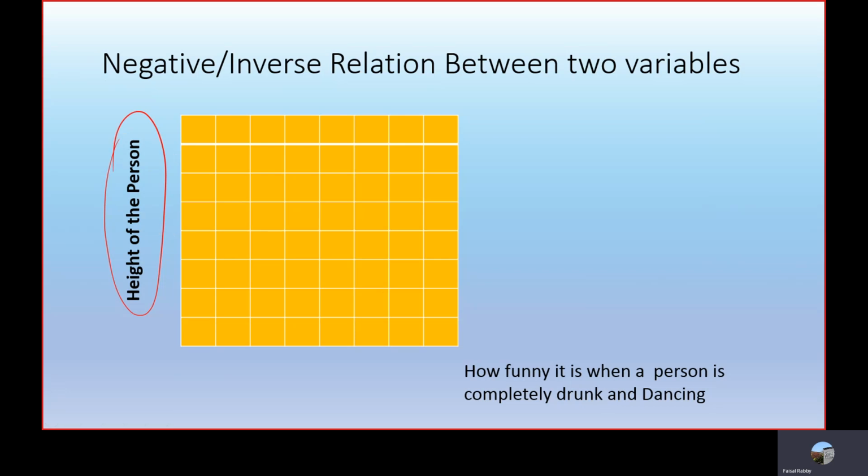And now I'm asking you to imagine that on the horizontal axis, you will create an imaginary scale, say of 0 to 10, 0 meaning not funny at all, and 10 meaning, wow, that's extremely funny. How funny would it be when the person is completely drunk and he's trying to dance?